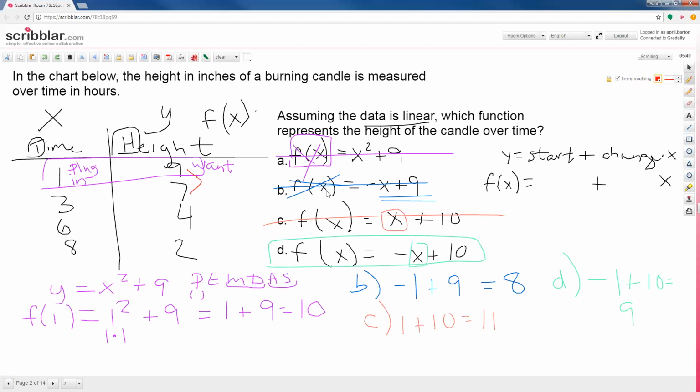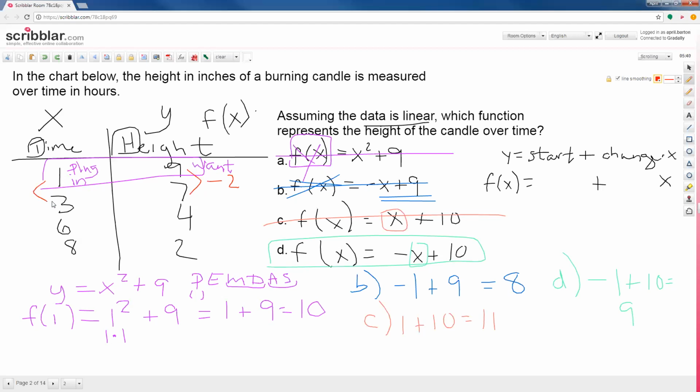So we're going to have to do a little bit of critical thinking when we figure this out. So for the height, what's the change in height when we go from a 9 to a 7? Are we adding a number, subtracting a number, and what is that number? We are subtracting by 2. Minus 2.